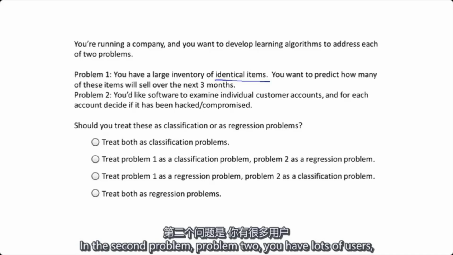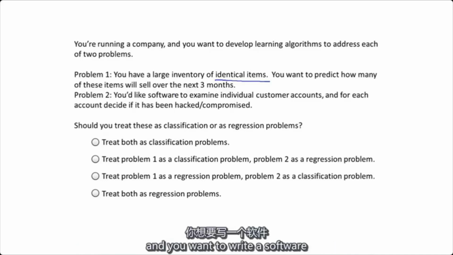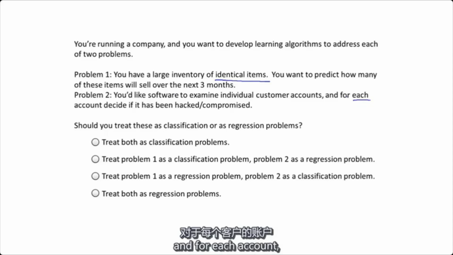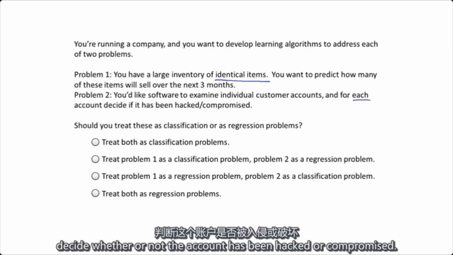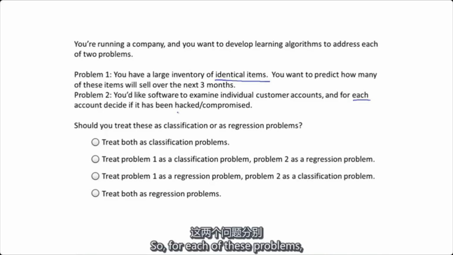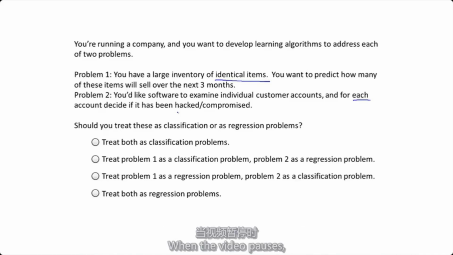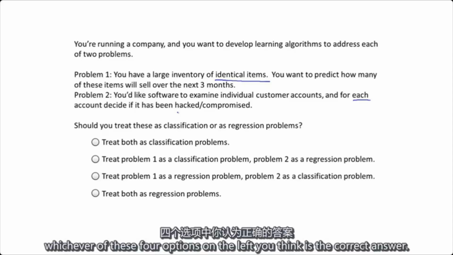In the second problem, problem 2, you have lots of users and you want to write software to examine each individual one of your customers' accounts, and for each account, decide whether or not the account has been hacked or compromised. So for each of these problems, should they be treated as a classification problem or as a regression problem? When the video pauses, please use your mouse to select whichever of these 4 options on the left you think is the correct answer.